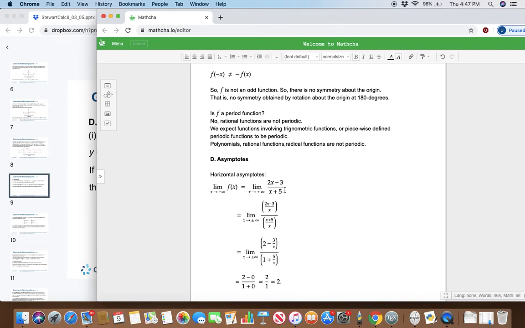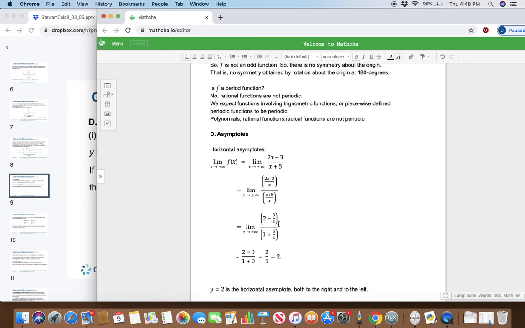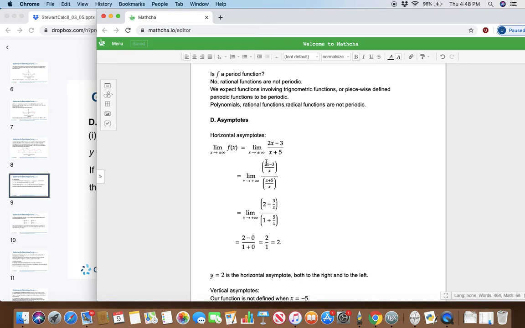So we have a rational function. I take the highest degree of x in the denominator and divide the numerator and denominator by that. What is the highest degree of x? Just power 1. So I'm going to divide the numerator by x and the denominator by x. Now simplify. Division distributes. So 2x over x gets me a 2 minus 3 over x. x over x gets me a 1 plus 5 over x.